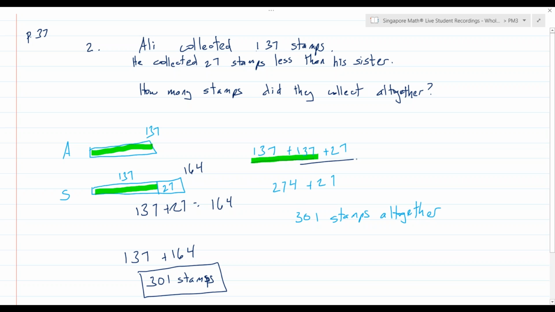And that one is like starting with the 137 and the 27 and combining those and then adding the 137 beside. But we kind of make it into a one-step problem if we just add all 3 numbers together because we have 2 groups of 137. That's how the sister matches Ali's stamps. And then the sister has 27 stamps in addition to that. And so we could do it either way. It's always good to think about word problems from several different directions. All right, so now you can do exercise 13.